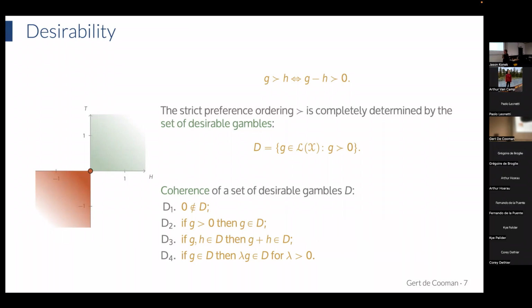And the fact that it's a positive cone also says that it must include the first quadrant, which is a convex cone, and it cannot include 0. So this is a possible set of desirable gambles in 2 dimensions. In 3 dimensions, it's again a convex cone that includes the first quadrant and doesn't have 0, and so on in n dimensions. It's a very easy, simple, graphical interpretation.